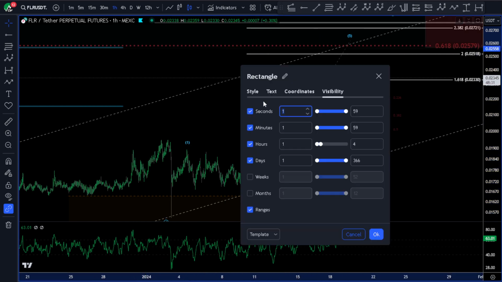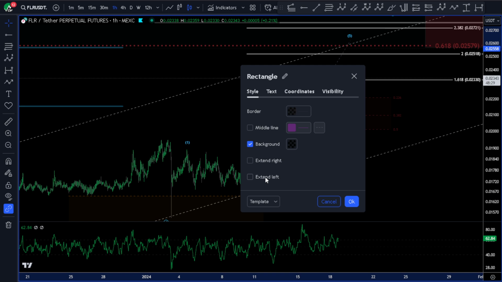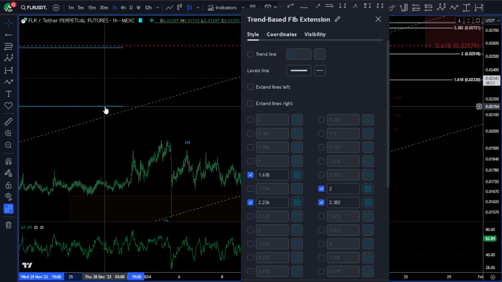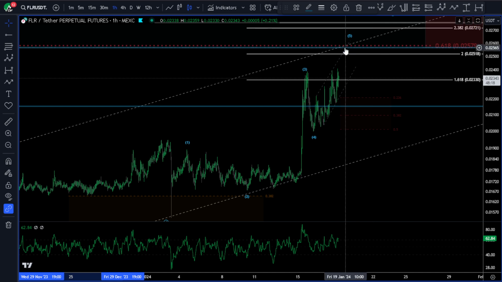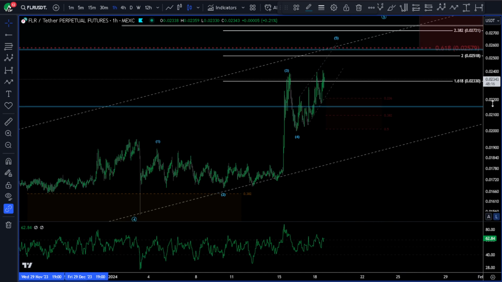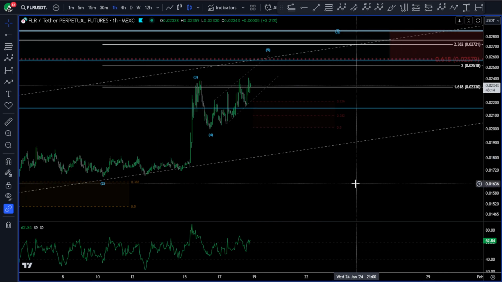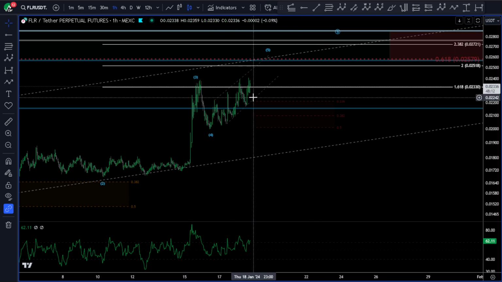Let me extend that out. Right there, that's our 200%. So it's an interesting spot to trade at. So I'm going to wait this one out a little bit.